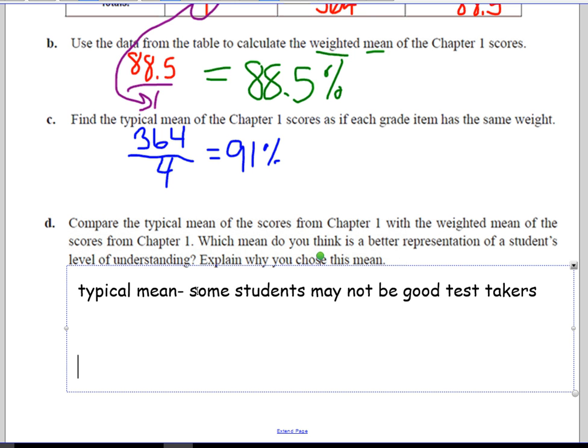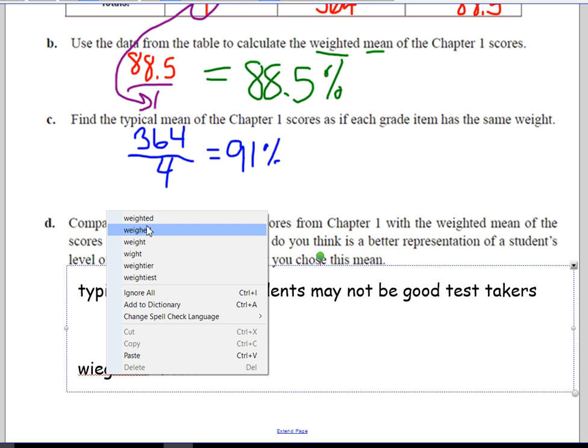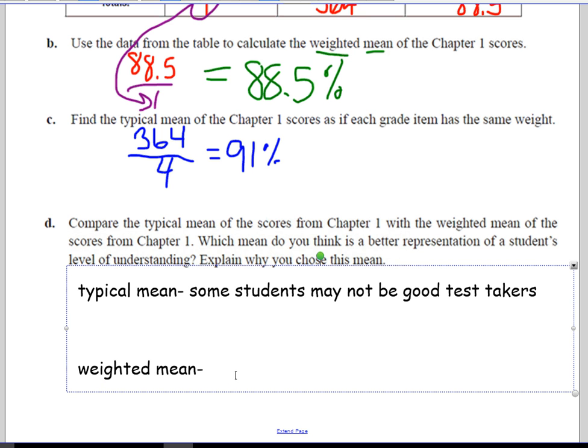Or you might say that the weighted mean is better because classwork and homework have help.